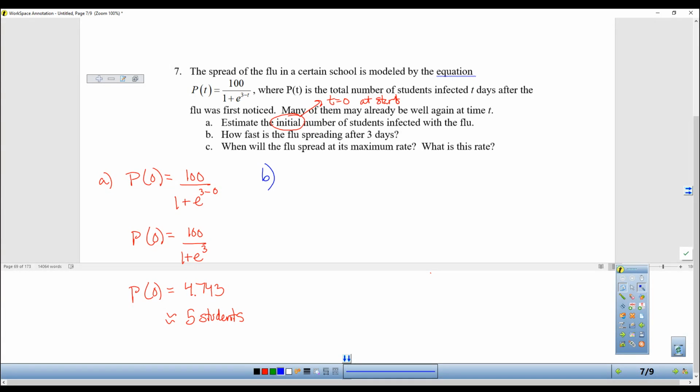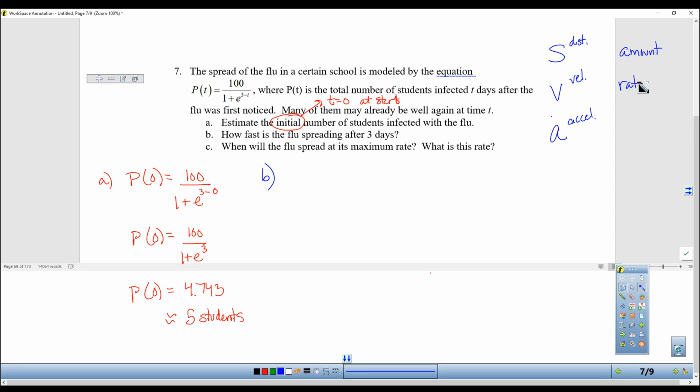Part B. How fast will the flu be spreading? So this is a new concept that I need you to understand. We've talked several times about SVA, where this is the distance, this is the velocity, and this is the acceleration. And that's a great way to explain the relationship between derivatives of a function. However, it actually works for any amount.